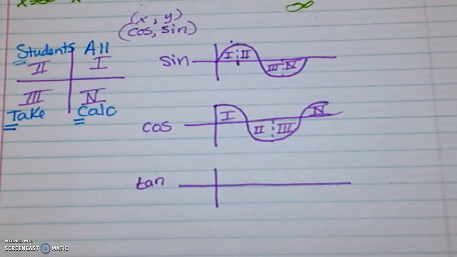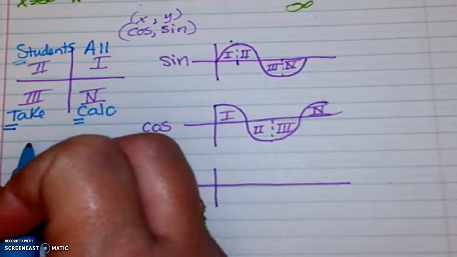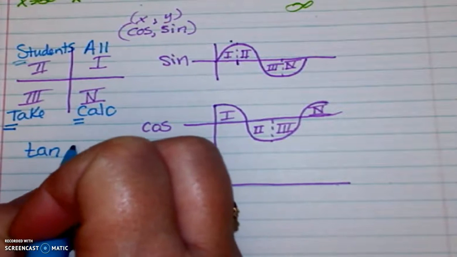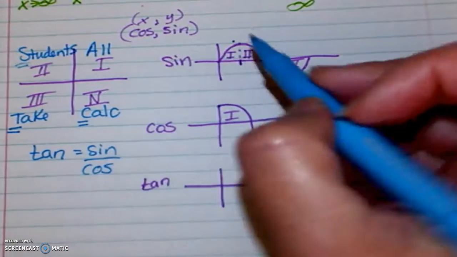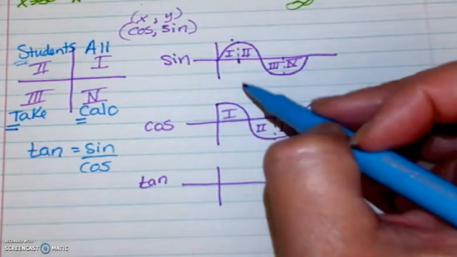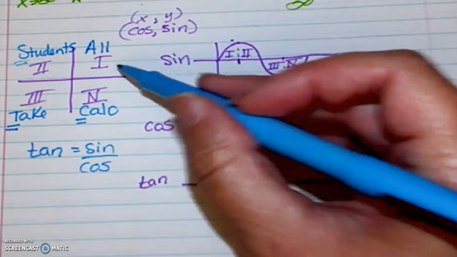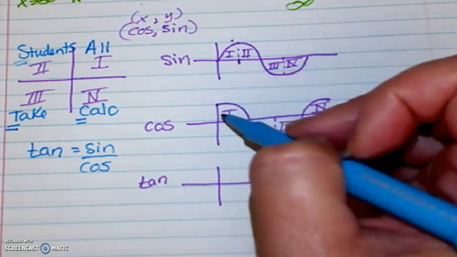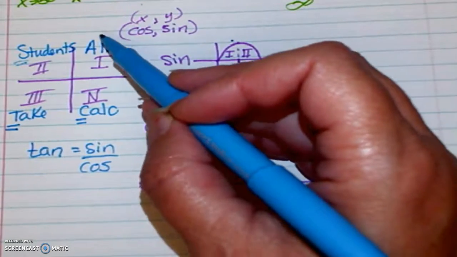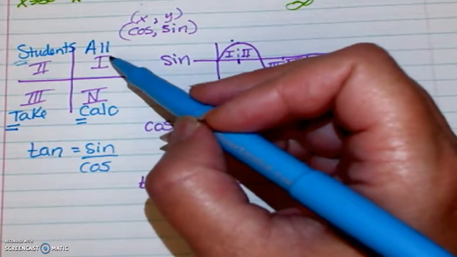quadrant. Now, something else that you could talk about is we know that tangent is going to be equal to sine over cosine. So if sine and cosine are both positive in the first, a positive divided by a positive is a positive. So tangent will be positive in the first quadrant.